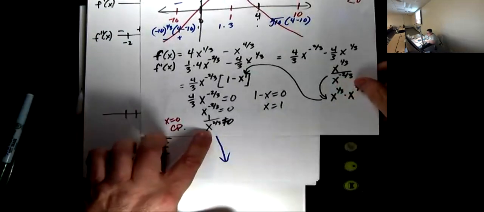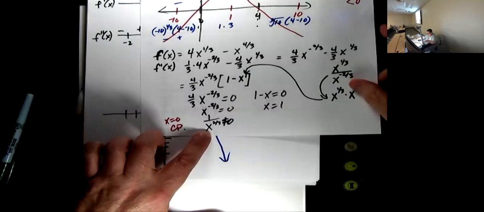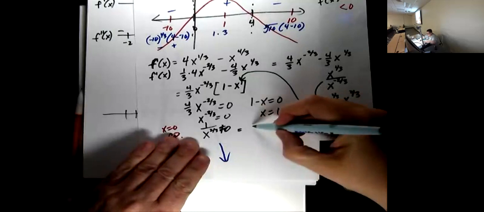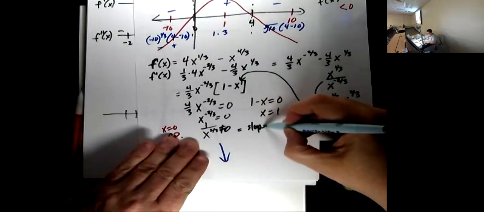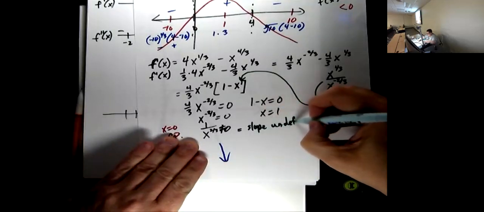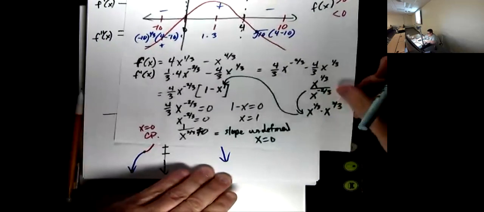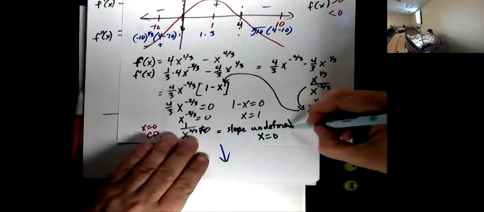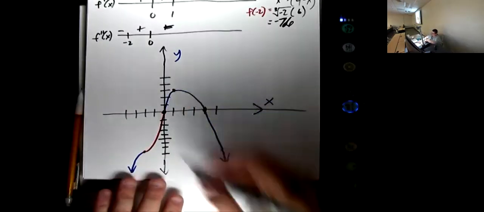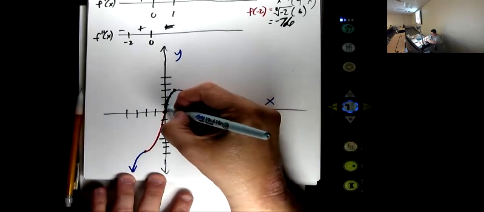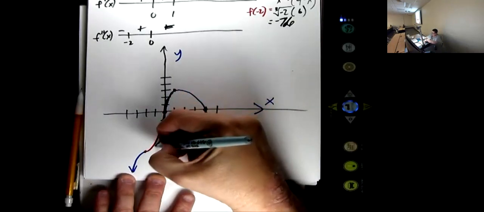Going back to this, we said x couldn't equal 0, so for the first derivative, the slope is undefined at x equals 0, which means we should have had more of a vertical line. Like that.